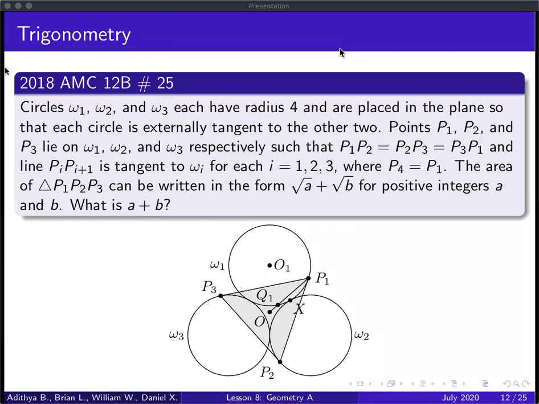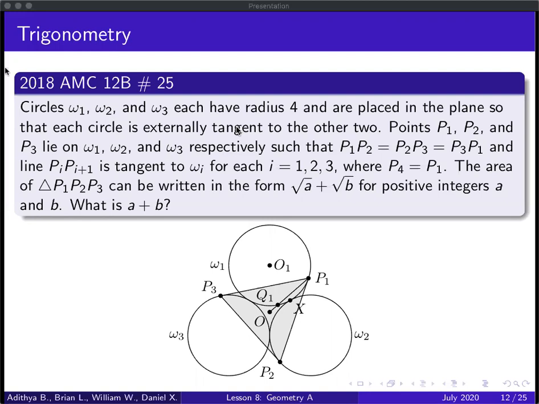So if we just look at this, we've let O be our center of the equilateral triangle.